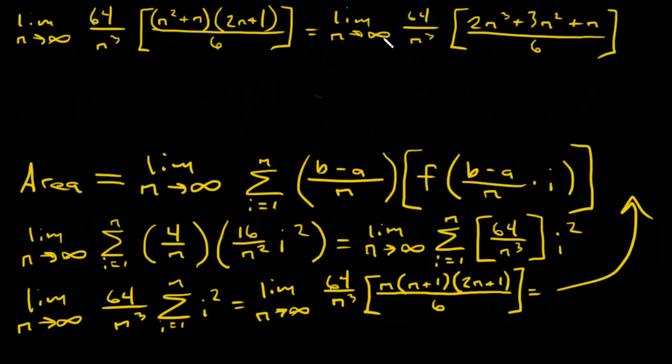Okay, so now if I divide that by 2, I get a 3 on the bottom and a 32 on top.